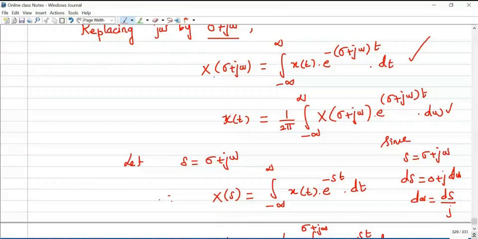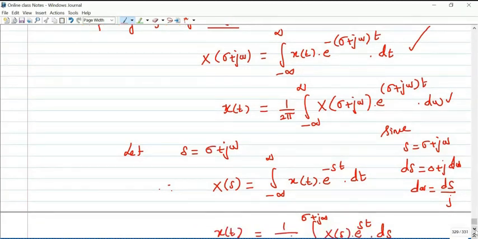Now X of s equals integration of x of t e power minus s t dt, where s equals sigma plus j omega. If we differentiate in the s domain, ds equals 0 plus j d omega, since sigma is a constant. So d omega is replaced by ds by j.